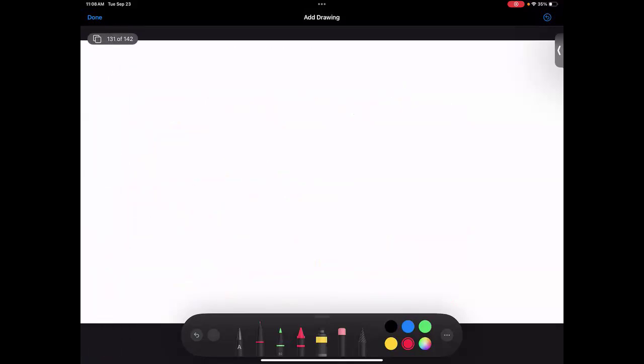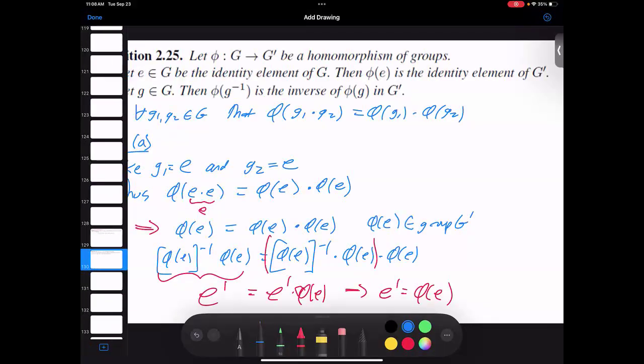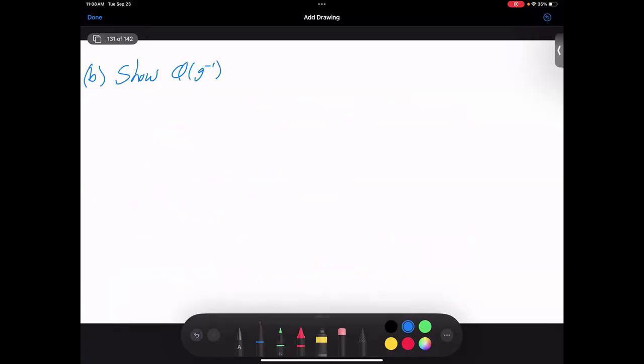The next one is we want to show phi of g inverse, I think, was the inverse of phi of g. Yes. Is the inverse of phi of g.